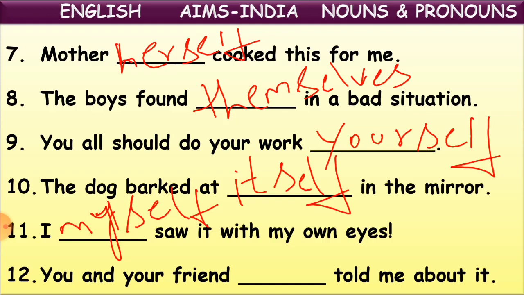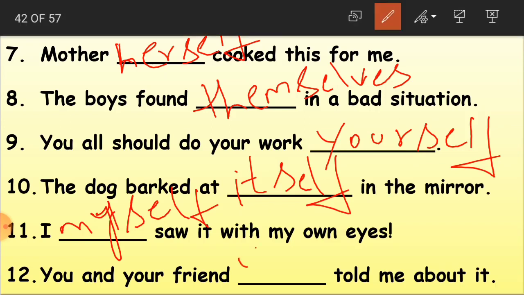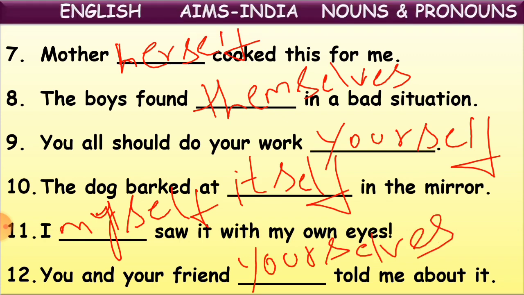You and your friend, so there are two persons here, you and your friend. So that becomes plural again. So when plural form is there, then our reflexive pronoun becomes yourselves. You and your friend yourselves told me about it.